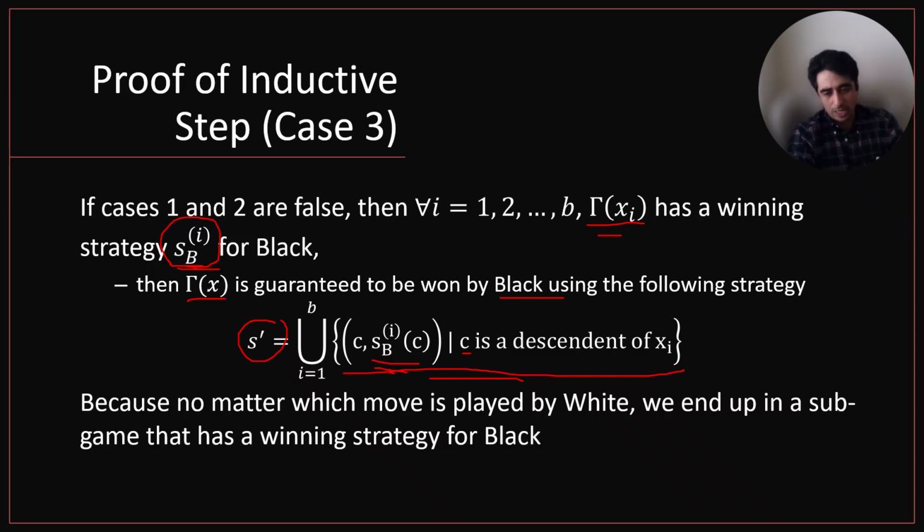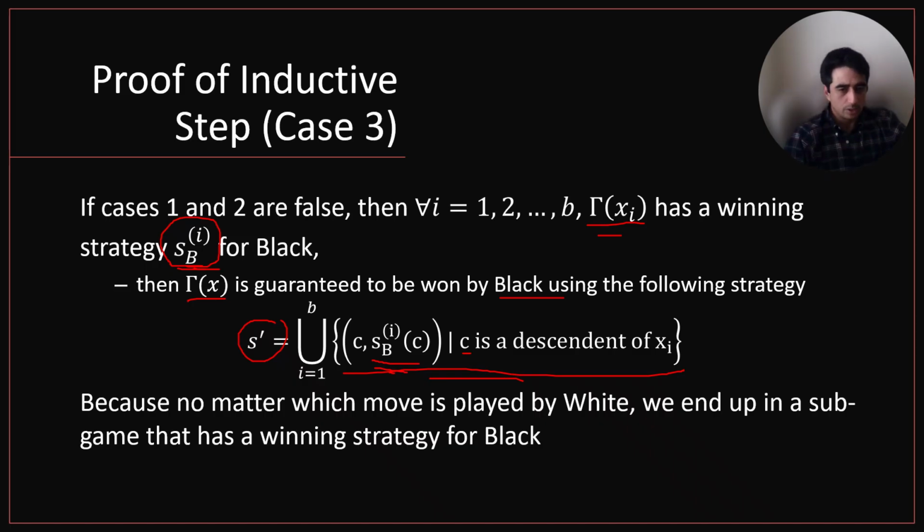For the second child x2, we're going to choose from the second winning strategy for black. For the third one, we're going to choose from the third winning strategy for black, all the way to the last one, xb, where the next move is going to be determined by the last winning strategy for black, S sub B superscript b. And in this case, no matter which move is played by white, we end up in a game that has a winning strategy for black.